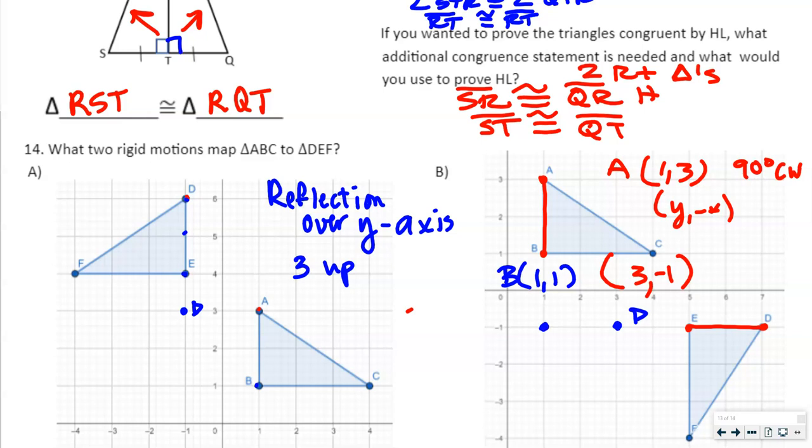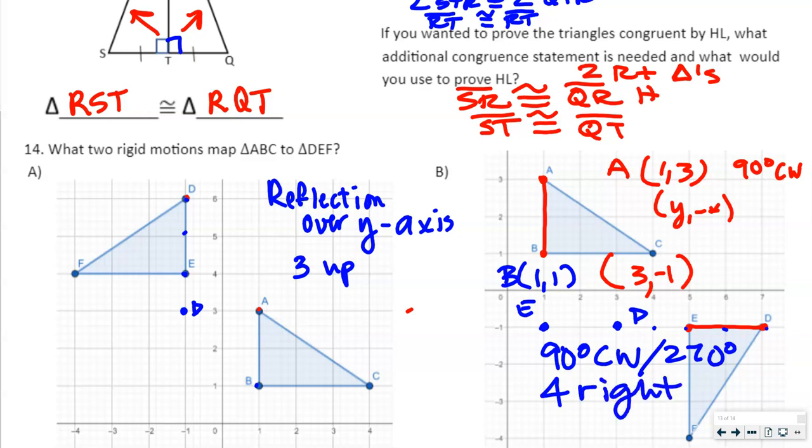So that would be E. So then what did it move? 1, 2, 3, 4, right, as well, right? So this was a 90-degree clockwise or 270-degree rotation, right? And also 4, right. That's it.